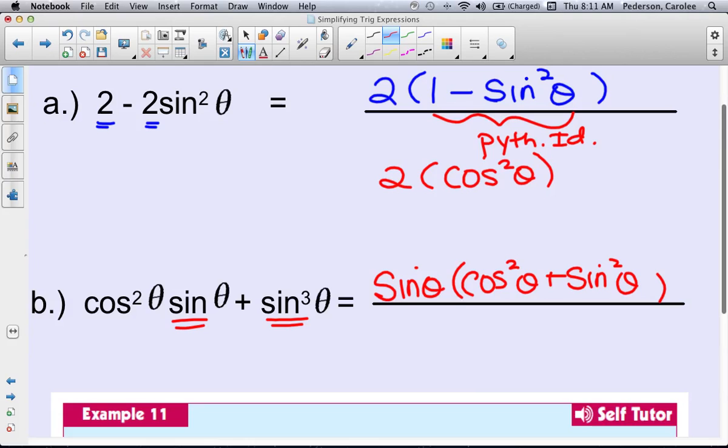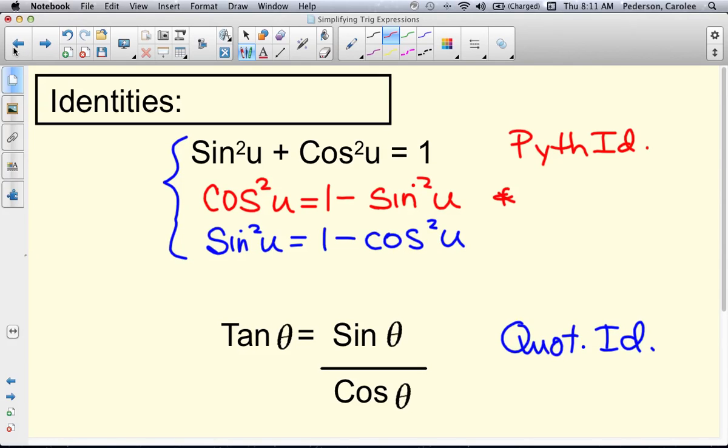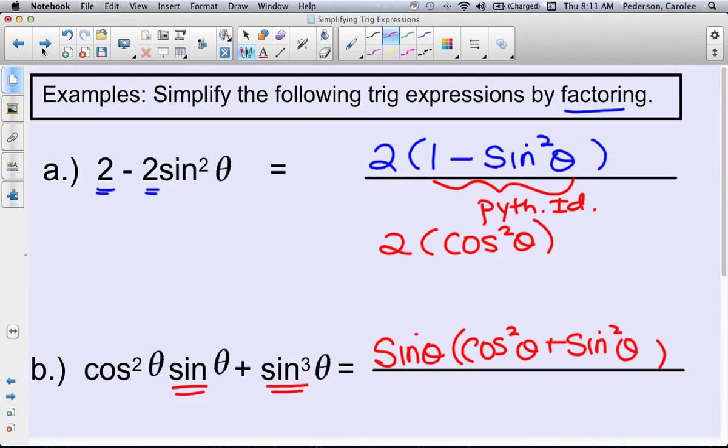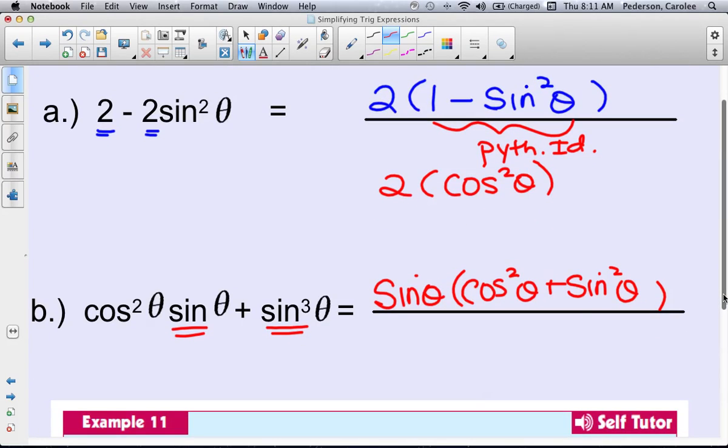Now that parentheses is the Pythagorean identity again, the top one in the black: sine squared of u plus cosine squared of u equals 1. So we can replace this parentheses with 1. So sine of theta times 1 is just the sine of theta.